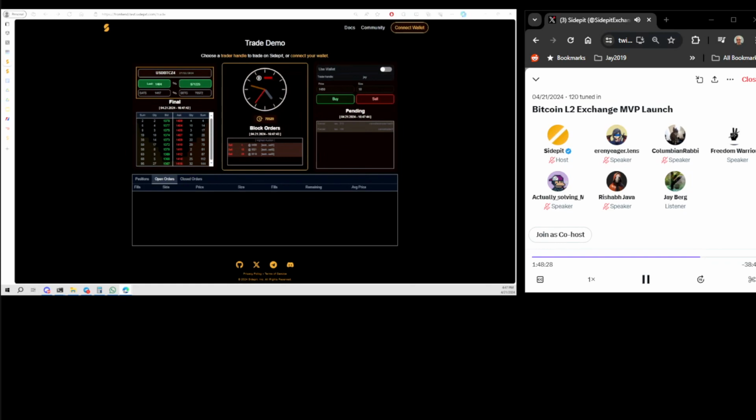So we're eliminating manipulation on both sides with a new mechanism called a decentralized limit order book. We remove flash crashes and execution risks, and we're recreating the physical trading pits with a new consensus mechanism.